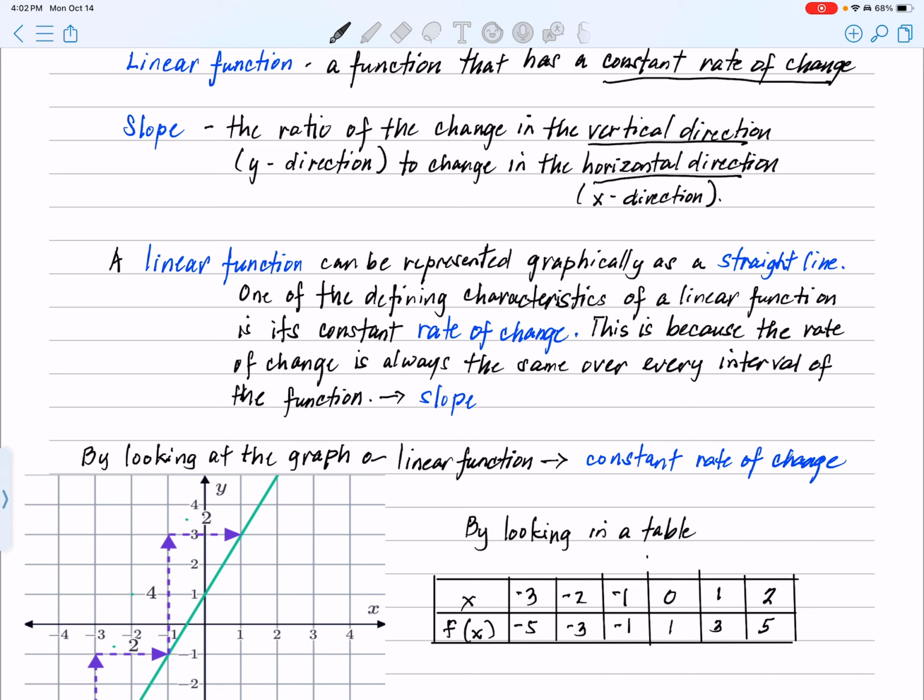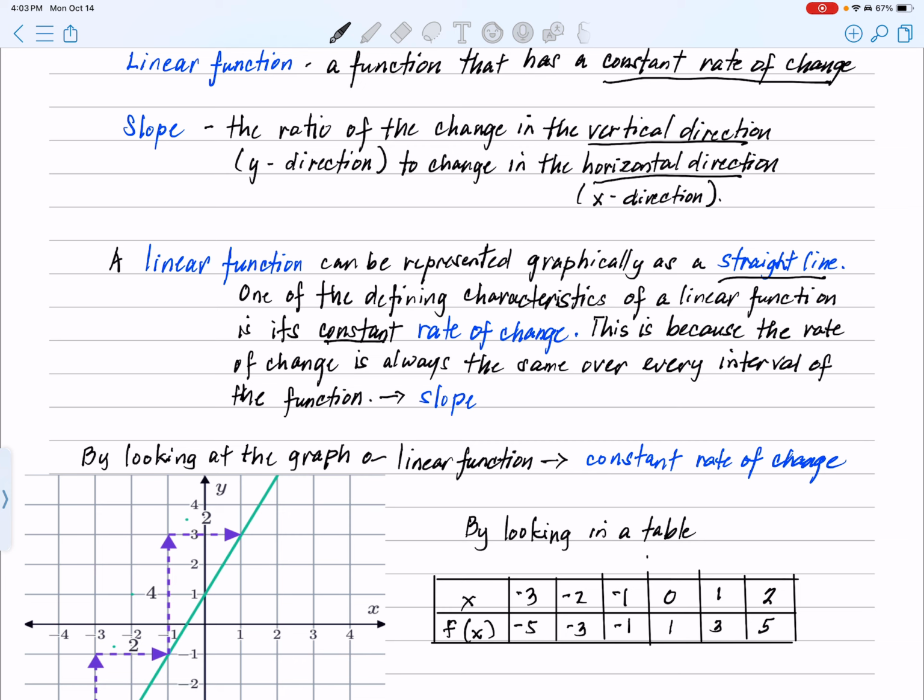It's always a straight line, because if in the graph it's not a straight line, then that is not a linear function. One of the defining characteristics of a linear function is its constant rate of change.